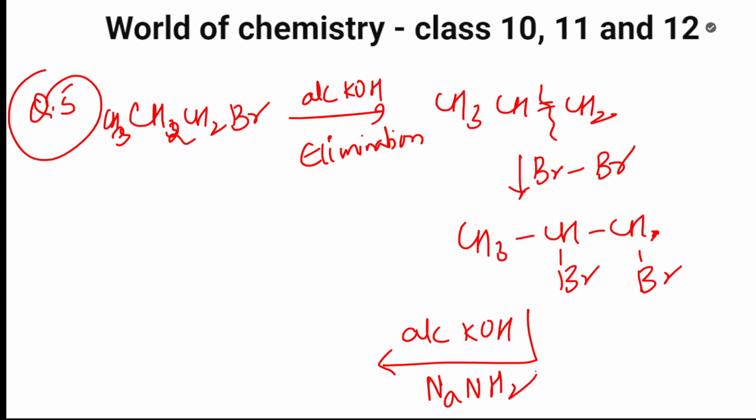Remember, students, whenever it is given, simply remove these bromines and shift the double bond, so this and this are removed, and the bond shifts to the carbon atom, where I'll be getting alkynes. Easy. So it is a conversion of 1-bromopropane to alkyne. Yes, I'll be doing conversion videos also.